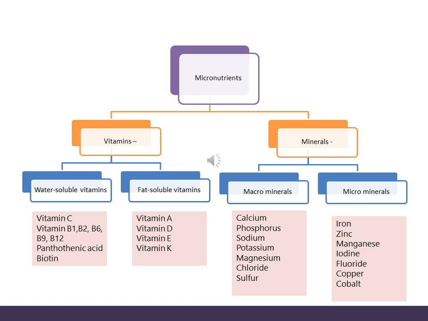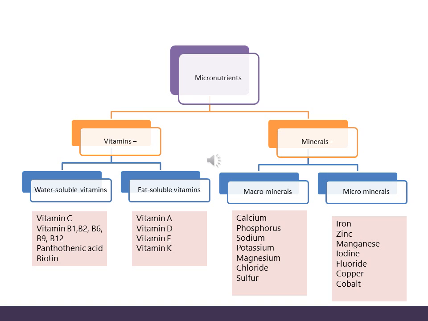Now, we also have fat-soluble vitamins. We have vitamin A, vitamin D, vitamin E, and vitamin K. Our body also requires a daily supply of these vitamins in small quantities. Again, they support body processes. These vitamins are actually present in most of the food that we eat every day.